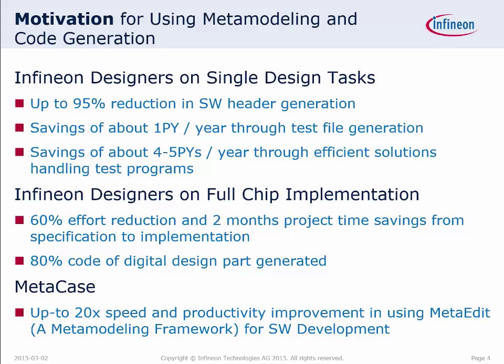The Infineon designers on the complete full chip implementation saved about 60% effort and 2 months of project time using this metamodeling code generation approach. So that means there was something like register RTL code generation out of the same specification, also parts of the verification, of course not the complete verification, but the structural one.